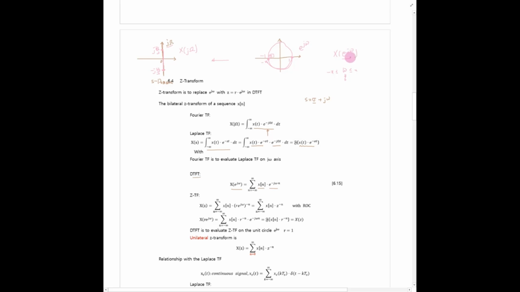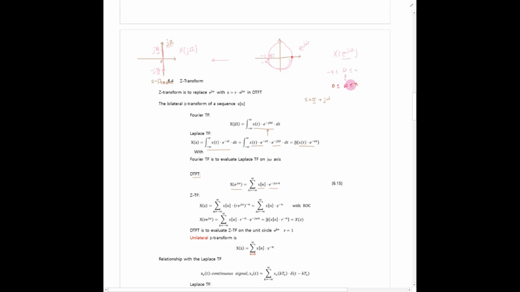So the unit circle changes from minus pi to pi, but in the continuous domain this changes from minus Nyquist frequency to positive Nyquist frequency. But sometimes we use omega from 0 to 2 pi, which is also used. Then omega equals 0 is this point.